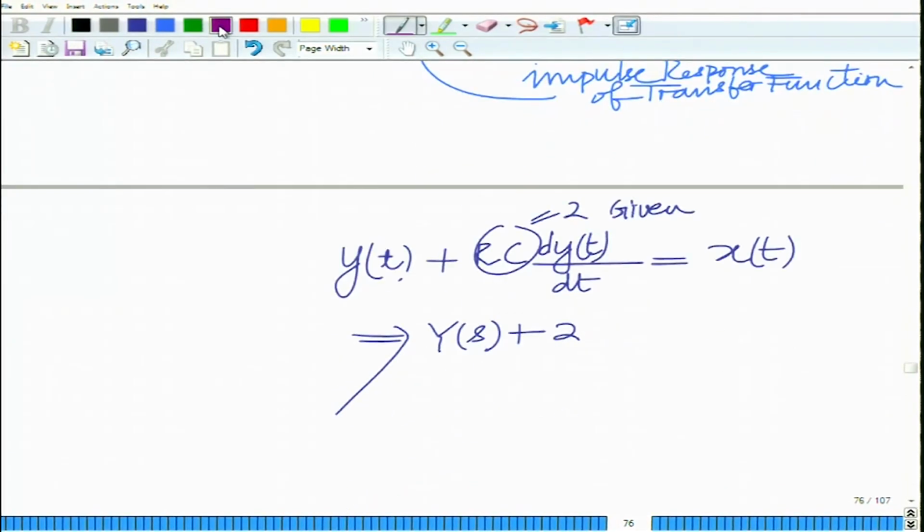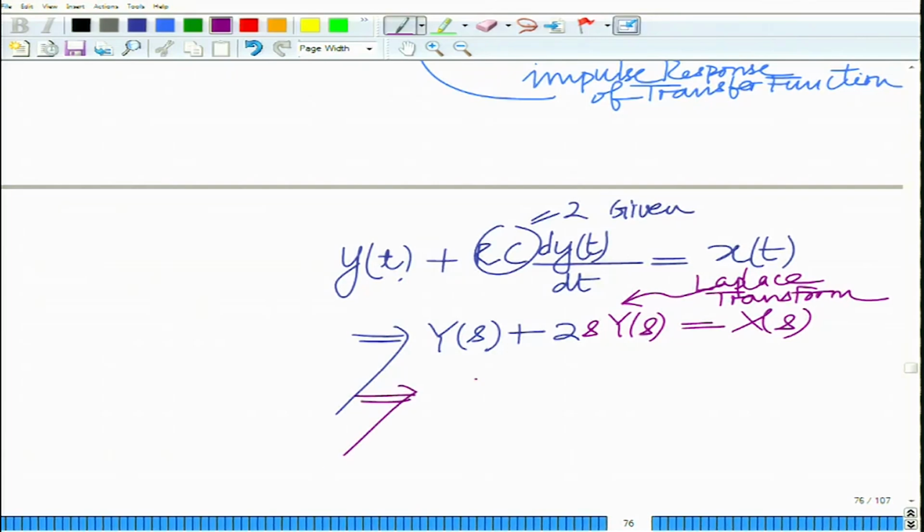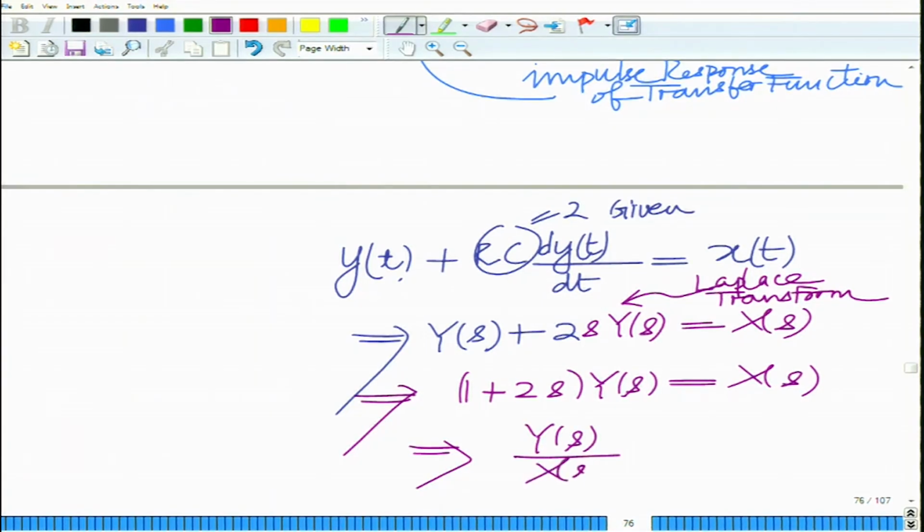So, 2 into dy/dt has Laplace transform s Y(s) equals X(s). So, we are basically taking the Laplace transform. This implies (1 plus 2s) Y(s) equals X(s). This implies Y(s) divided by X(s) equals 1 over 1 plus 2s.